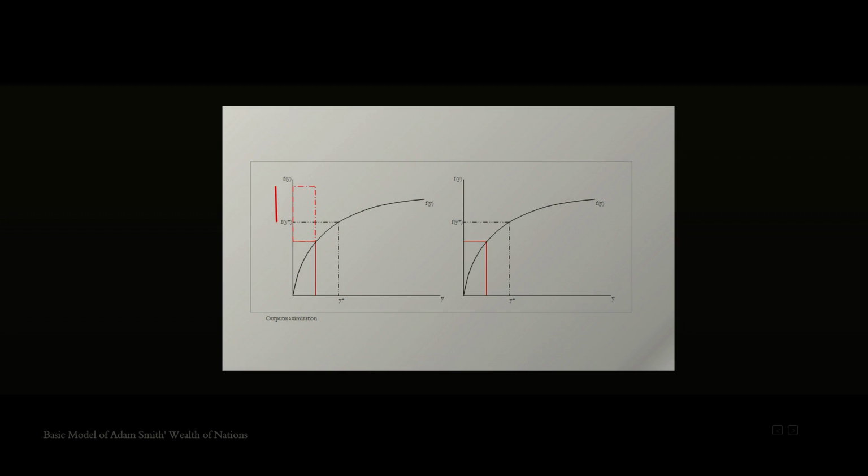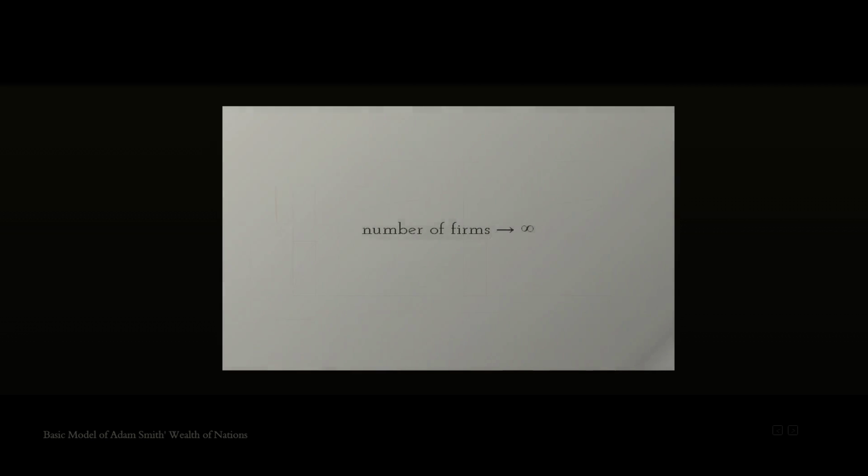And of course, we can keep on playing this game and distribute it between 3, 4, etc. firms. If we maximize this properly, we get the optimality condition: number of firms versus infinite.